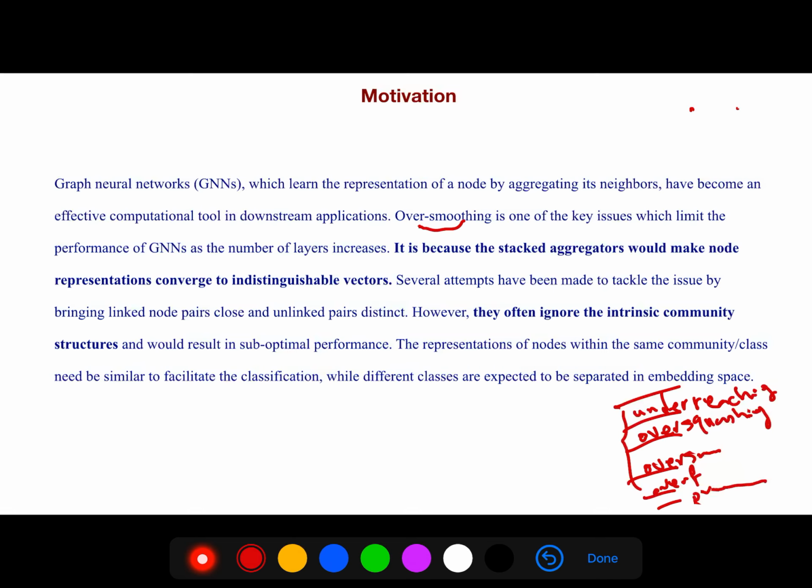The representations of nodes within the same community class need to be similar to facilitate the classification, while different classes are expected to be separated in embedding space.